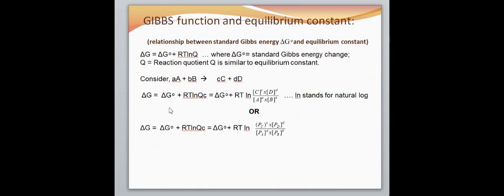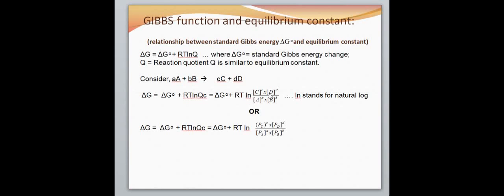So, for example, if I look at a reaction like this, aA + bB → cC + dD, in that case delta G is equal to delta G0 plus RT ln Qc. Since I'm talking about the products, delta G is equal to delta G0 plus RT ln Qc.